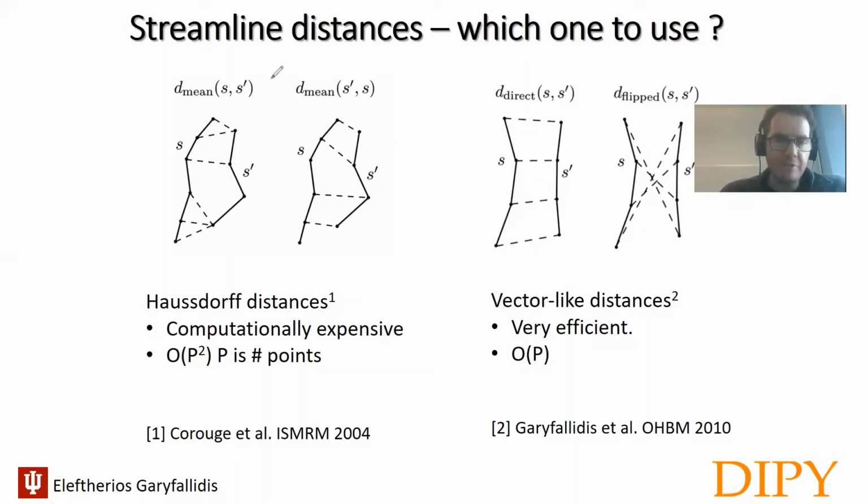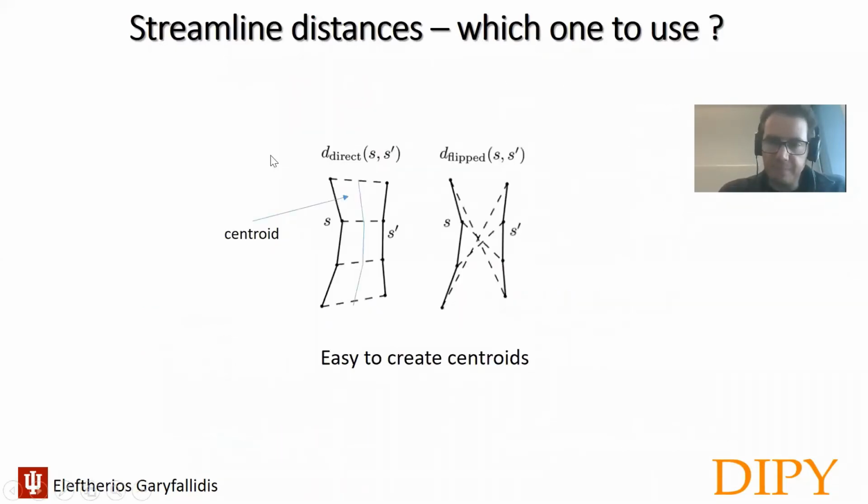Now if you use such distances, it's also easy to create centroids. Let's say if you take the direct version here, then the centroid between these two streamlines is just these average points.